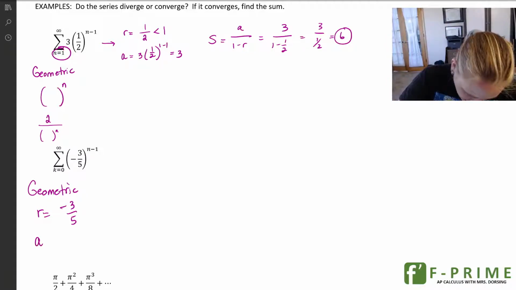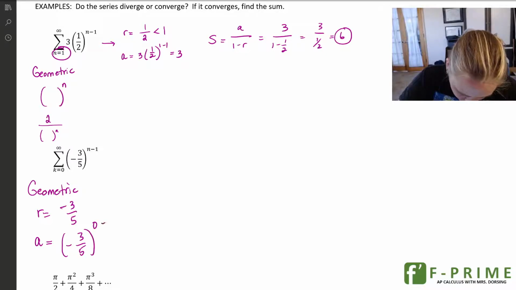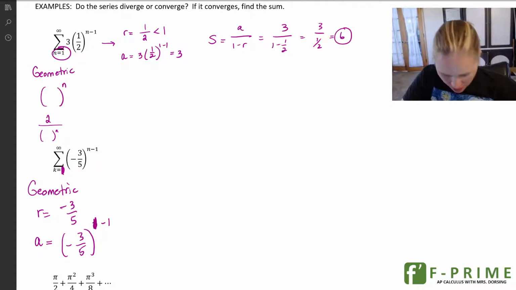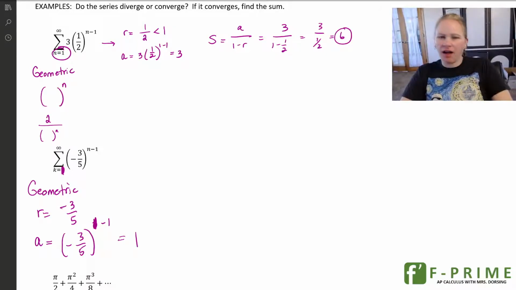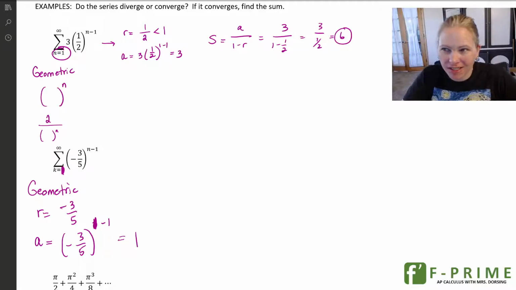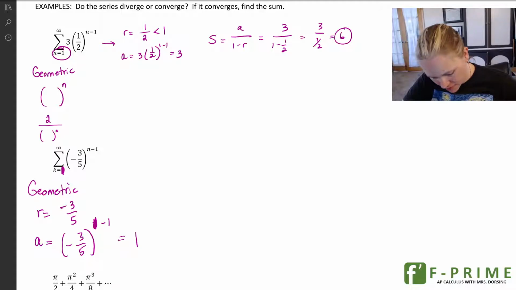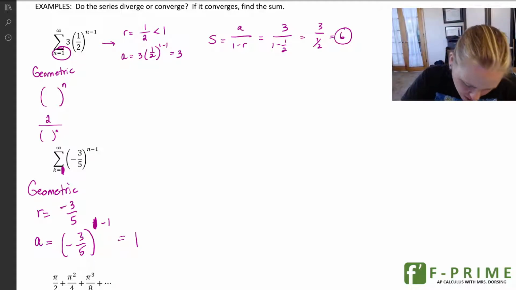So I need to find what a is. a is whatever I get when I plug in that first value. Ooh, I should start this at 1. I should change that. This is a bad example. 1 minus 1, we'll let a be 1. I don't want k to be 0 because I don't want a -1 power. That just doesn't work for me. We're going to fix it though. We're just going to let it be 1.